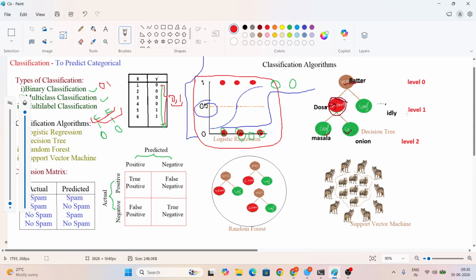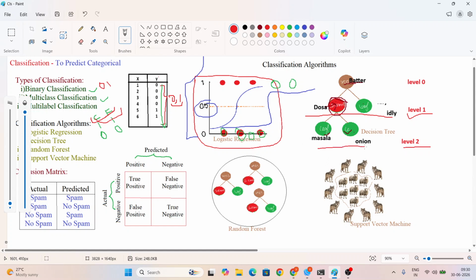If the maximum depth is level 1, what are the choices in your family? Only plain dosa and idli. They are selecting only dosa or idli. If the maximum depth is level 2, they have one more choice, right?